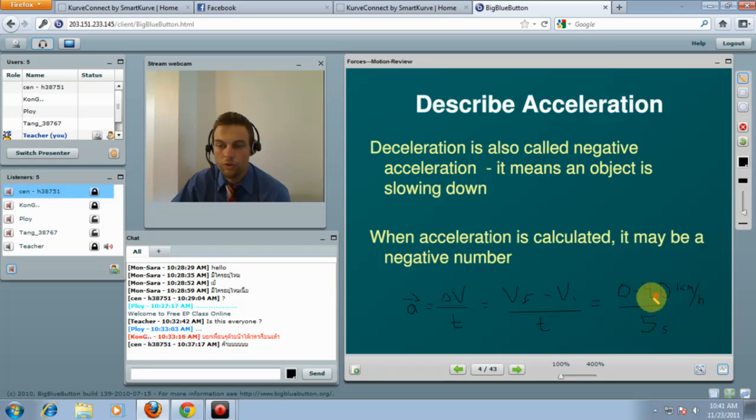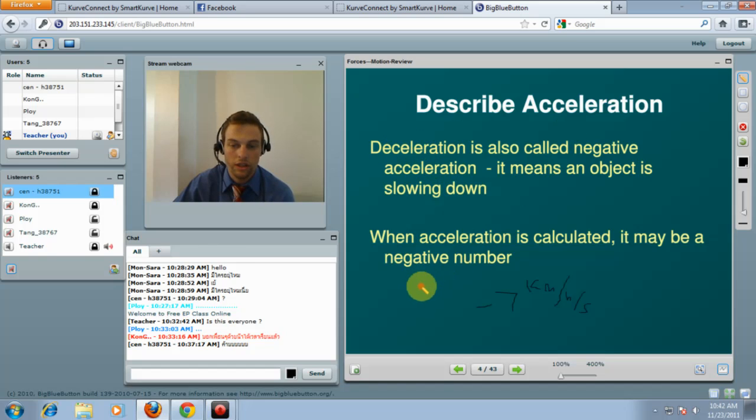Then we're left with negative 40 over 5. The answer would be 8 kilometers per hour per second, and this is a negative number. So the negative will carry over, and you'll get negative 8 kilometers per hour per second.